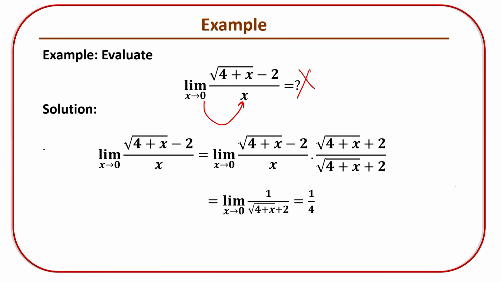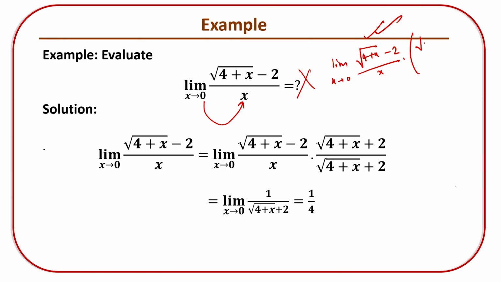So, what we have done earlier is simplify the function into a form where the factors or the expression become easy and have a limit. That is our purpose. So, to do this: limit x tends to 0, square root of 4 plus x minus 2, divided by x. Now, it is an irrational function, so rationalize it.